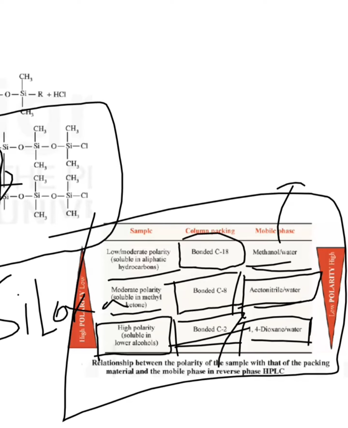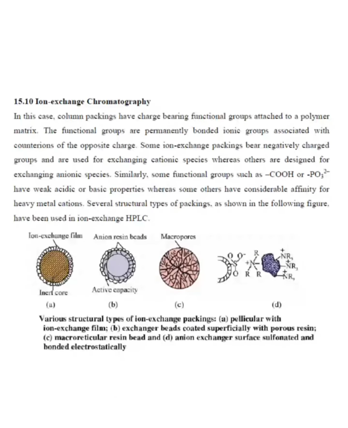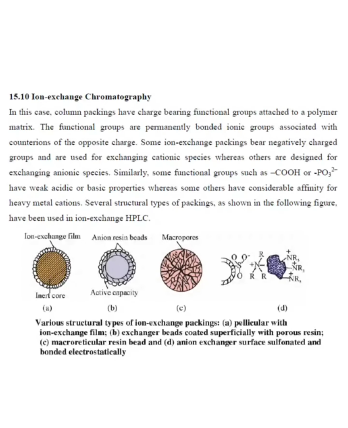And next is ion exchange chromatography. In ion exchange chromatography, this is a technique where the molecules are separated on the basis of their charge and eluted using solutions of varying ionic strength.